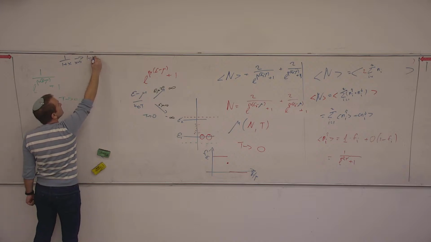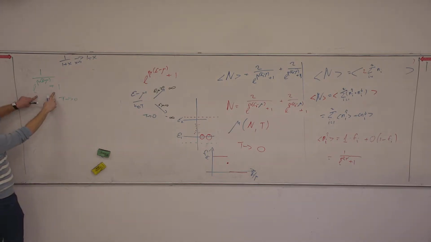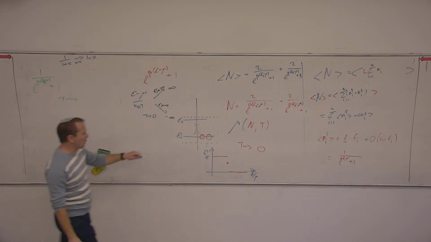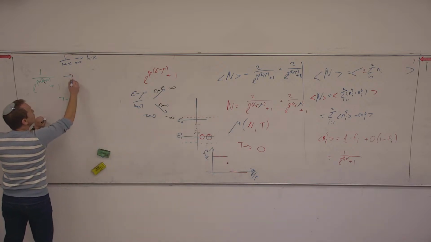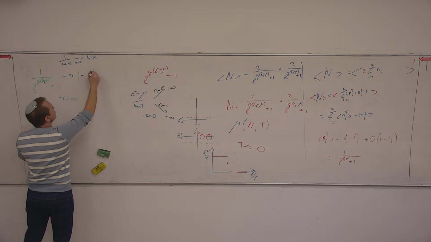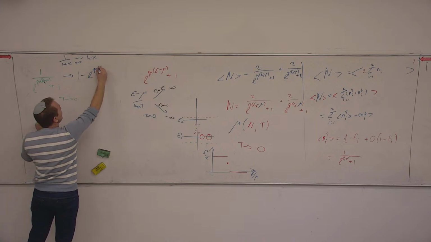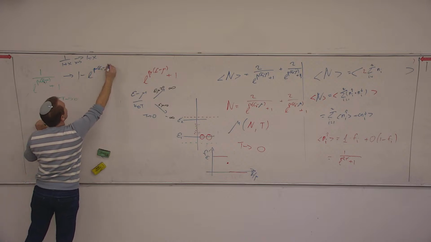So in the limit when t goes to 0 and epsilon minus mu is smaller than 0, if you plug in epsilon 1, and I know that mu is somewhere in between, this will go to 1 minus e to the power beta epsilon 1 minus mu.